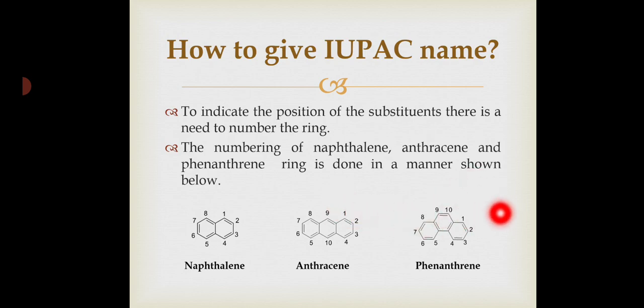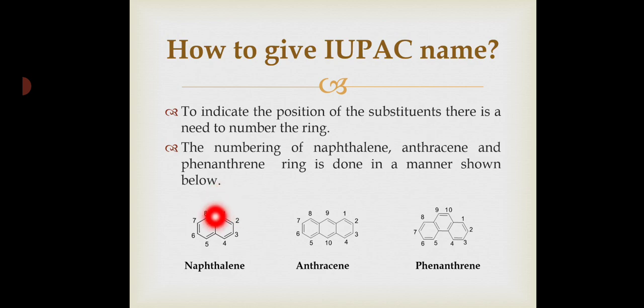In phenanthrene, the numbering starts from the outer ring and it is like this: 1, 2, 3, 4, 5, 6, 7, 8, 9, 10. So, we can see the carbons of the inner ring are numbered as 9 and 10.